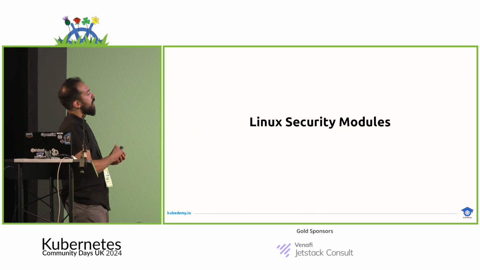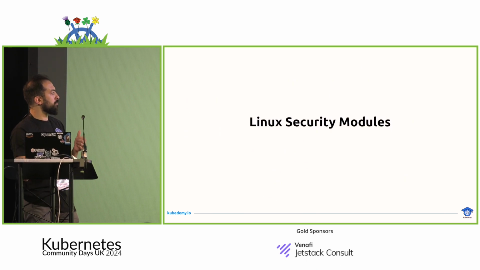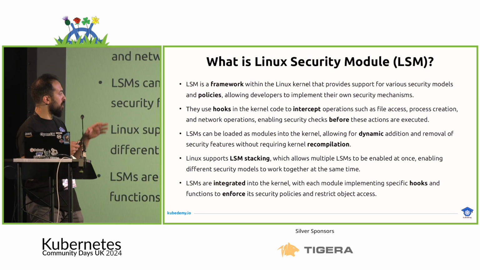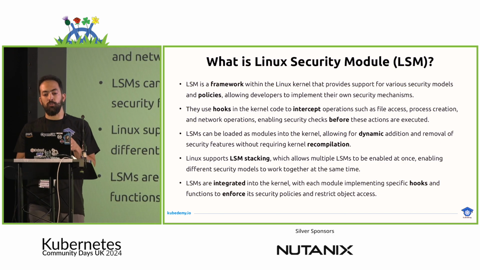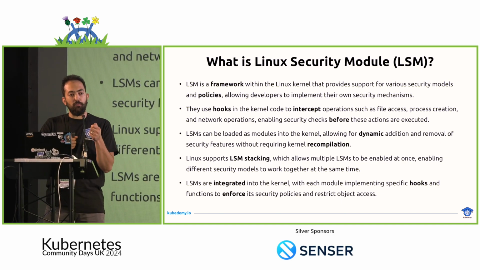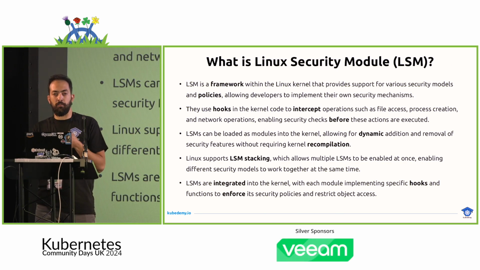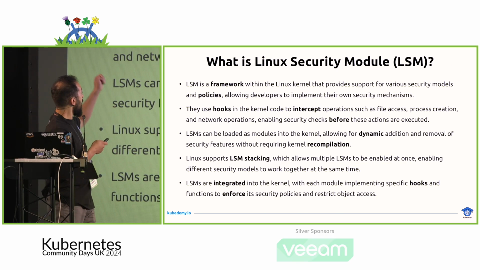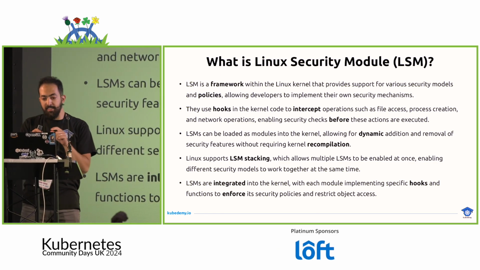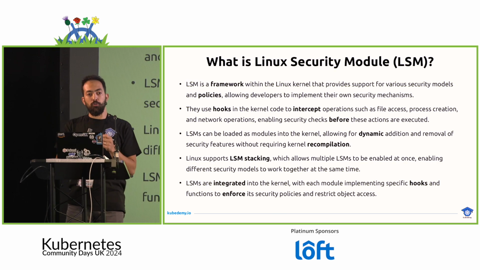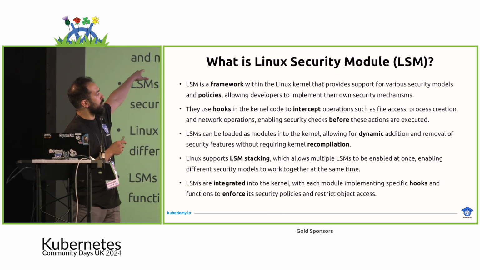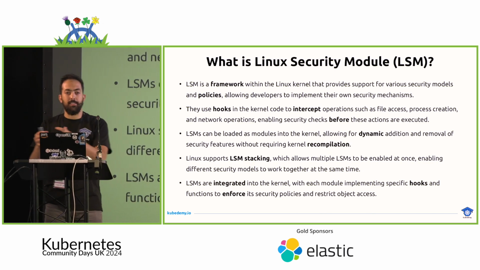The next security feature within the Linux kernel is LSM, which provides a couple of hooks that allow you to check what's going on within the application, within the process. LSM is a framework that provides a security model and allows you to define policies. They use hooks within the kernel to intercept operations.